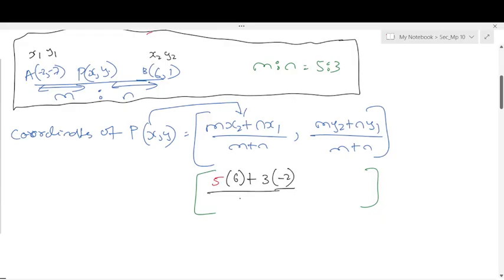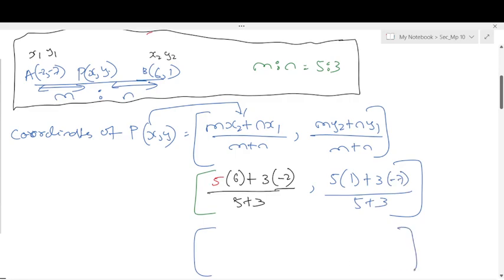Next. 5 into 1. 3 into minus 7. Next. 30 minus 6 divided by.